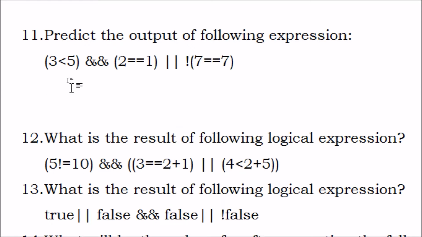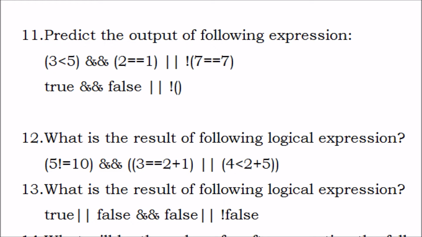3 less than 5, we get true, here AND operator as it is. What we get next is false, as 2 is not equal to 1, so it gives us false. And the OR operator I am putting as it is, and NOT.